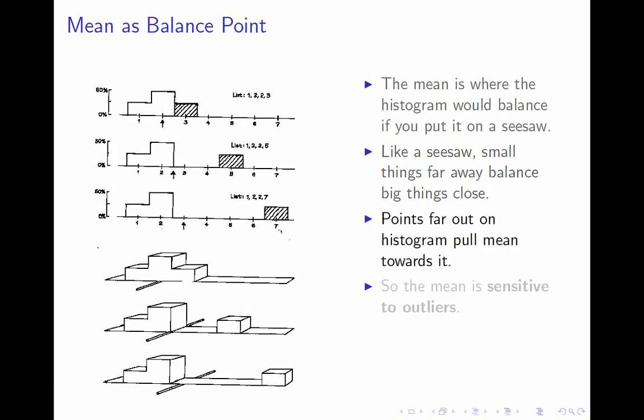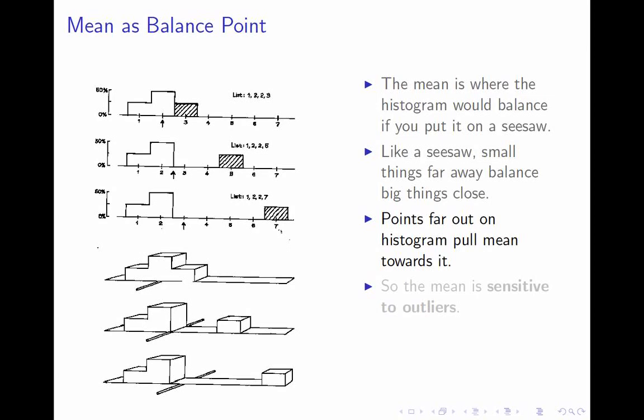You know that on a seesaw, small things far from the balance point can balance out big things nearby. If you've ever sat on a seesaw with your big brother or sister, or your little brother or sister.